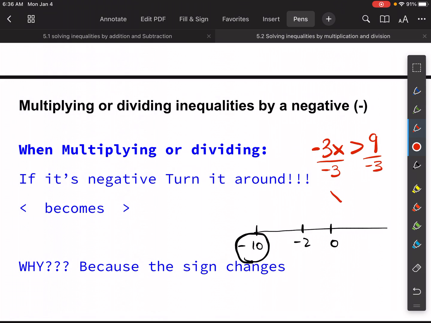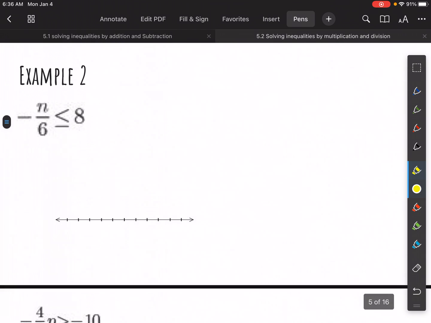So this becomes x is less than -3. Notice that the sign has to flip whenever you divide by a negative, and it is only when you divide or multiply by a negative across the inequality, because when it changes sign, the bigger number actually becomes smaller. So just be careful of that. That's the main rule of the day.